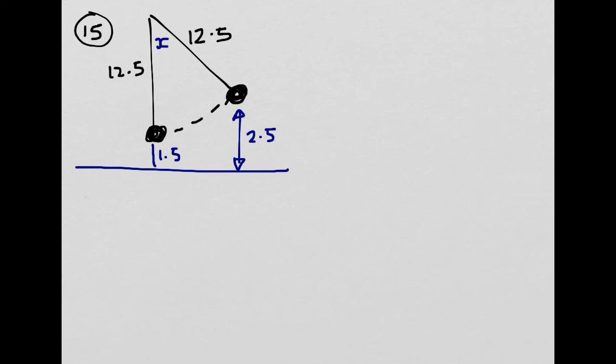Question 15, the pendulum. Now, we're asked to find angle X, so I'm going to make a right angle here to find angle X. So if I take that from the diagram, this is 12.5. We don't seem to know anything else. Now we know that the radius is 12.5.